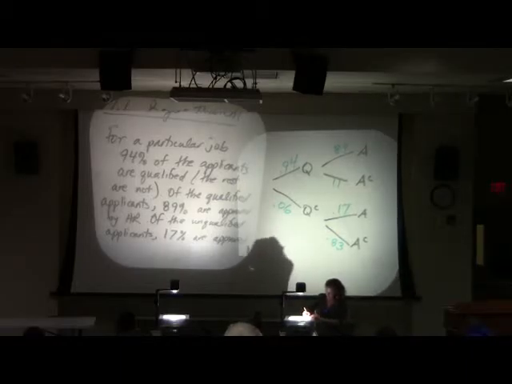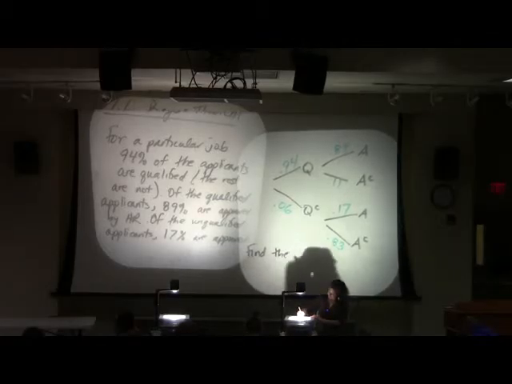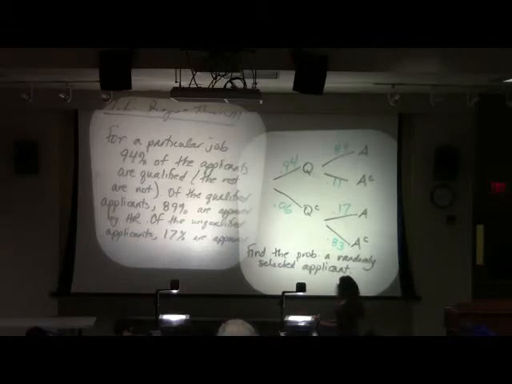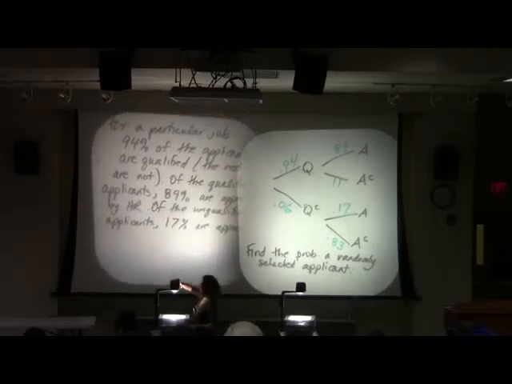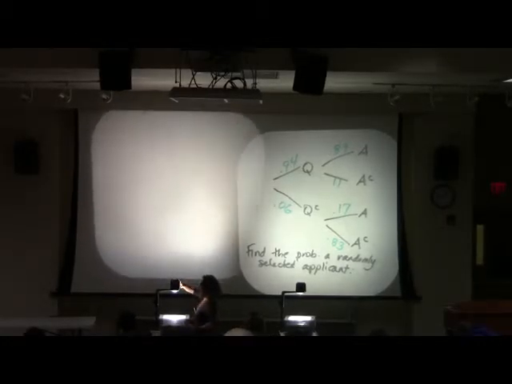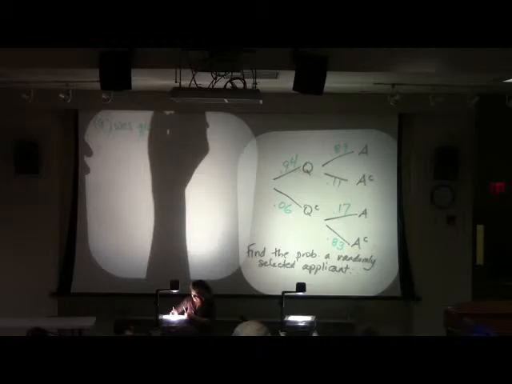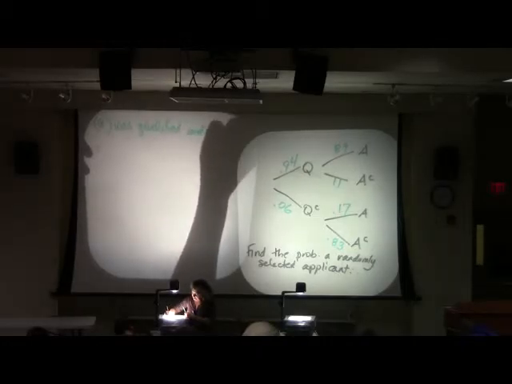Awesome. Okay, so what we're going to do is find 5 probabilities now. Find the probability a randomly selected applicant, now a bunch of these you guys should be reviewed, okay? So, how about part A? Let's find the probability that a randomly selected applicant was qualified and approved.